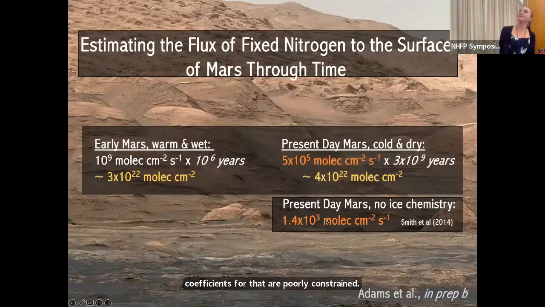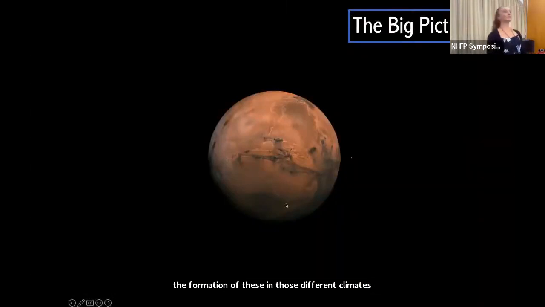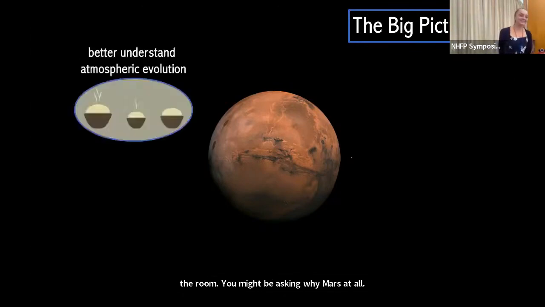In the interest of time, I'm going to skip this one and get back to this, which is my proposed work, again, to try to explain the formation of these in those different climates. Hopefully appealing to more of the astronomers in the room, you might be asking, why Mars at all? You're more interested in exoplanets. And so first, as I've made clear, I hope to better understand Mars' atmospheric evolution.